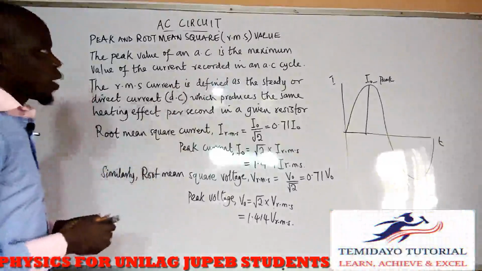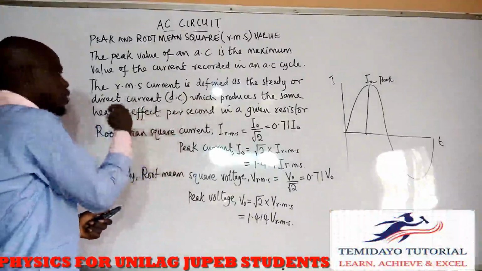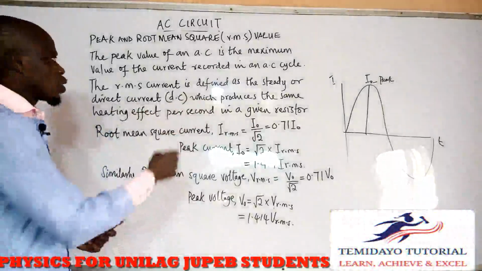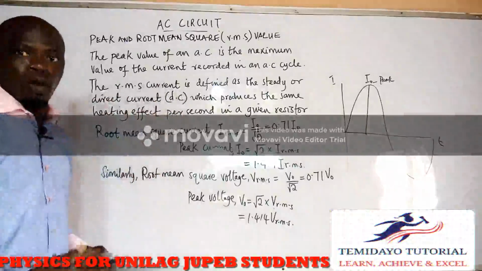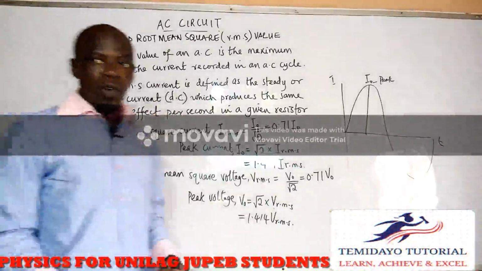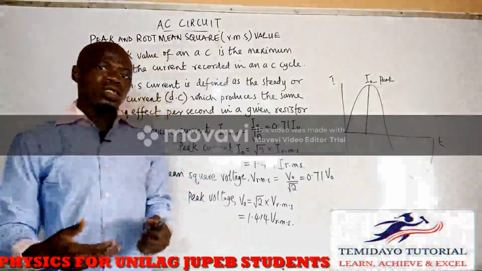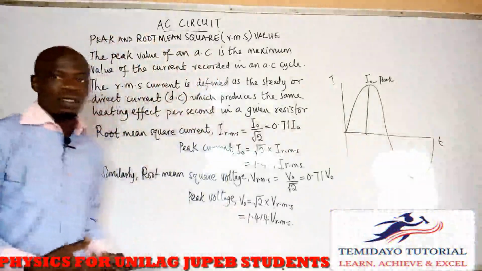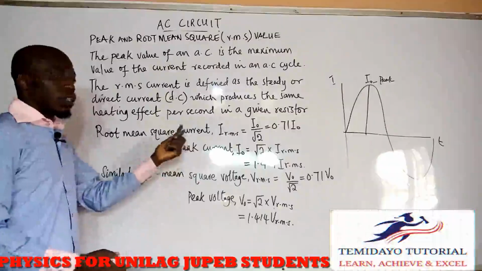So that is what the root mean square value of a current and also of a voltage refers to. The same direct current effect that produces the same heating effect in an alternating current circuit is what we refer to as the root mean square.